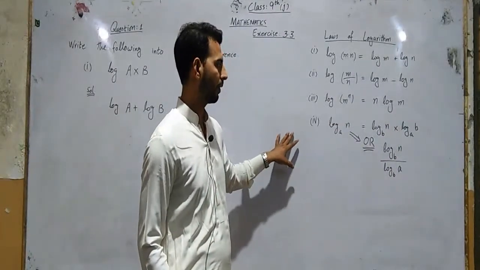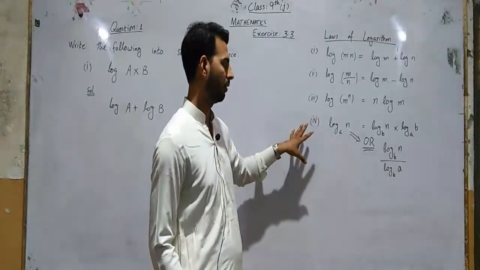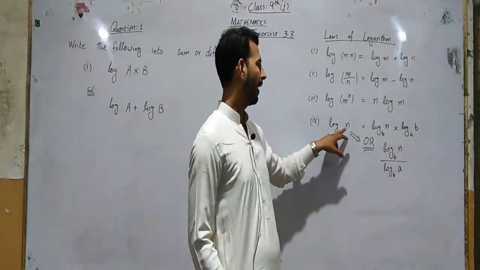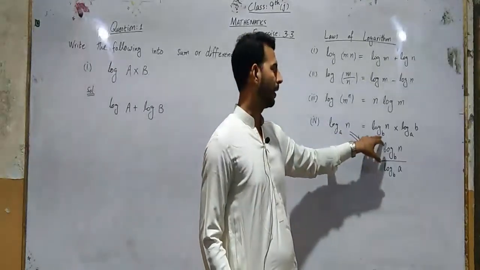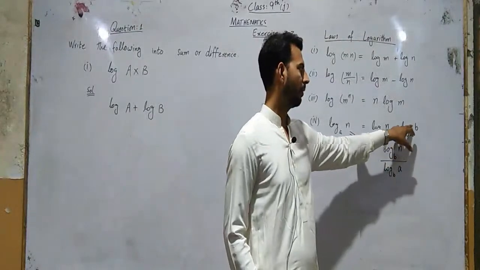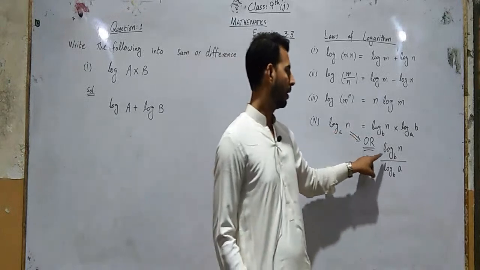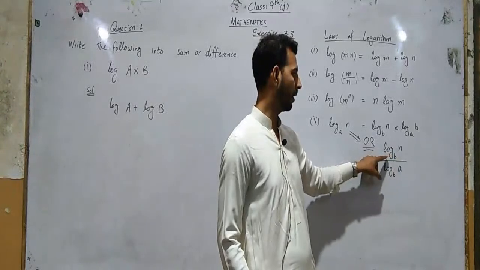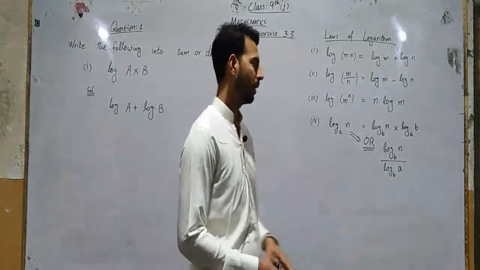The fourth law is not very common, but we still use it in some of the questions. So log n to the base a equals log n to the base b multiplied by log b to the base a, or we can write it as log n to the base b divided by log a to the base b.